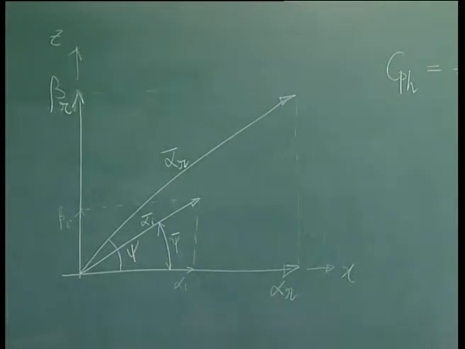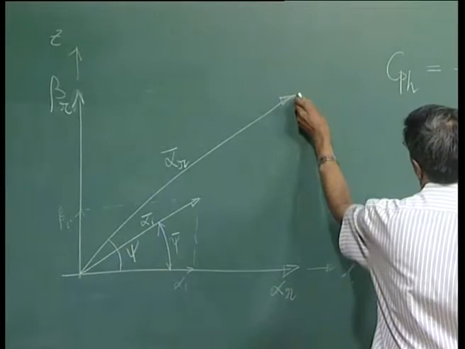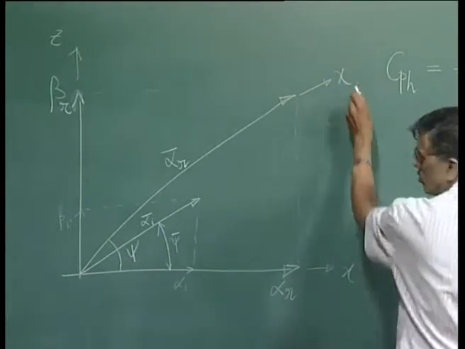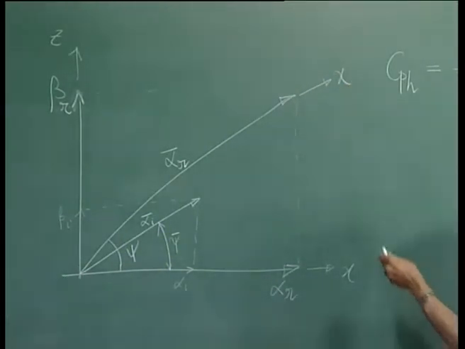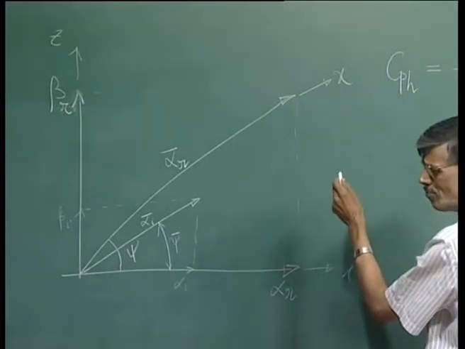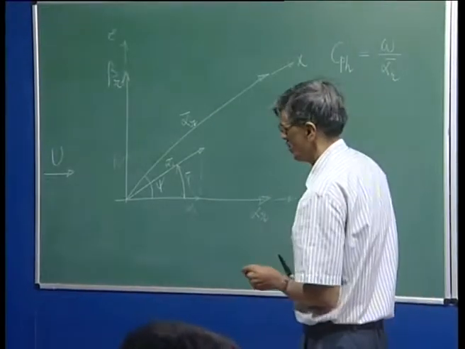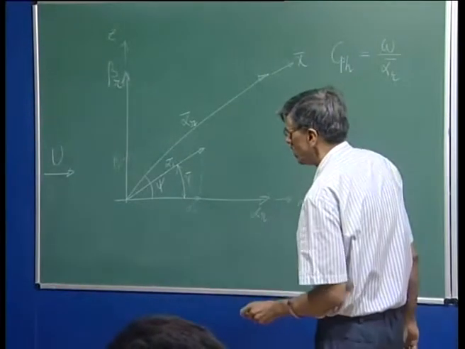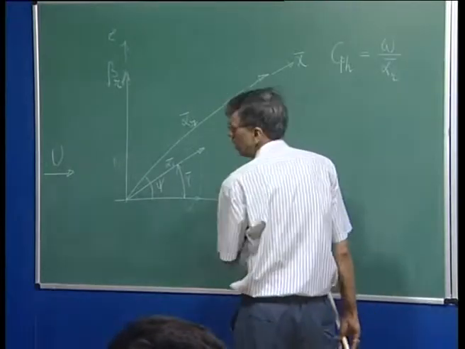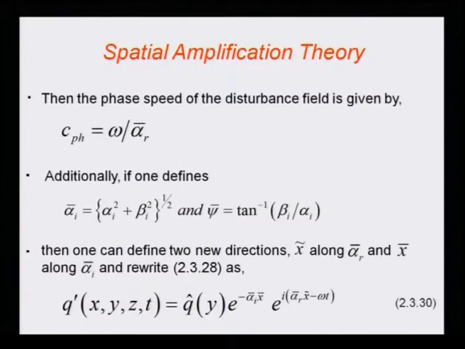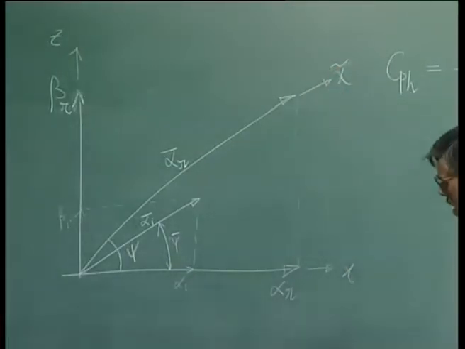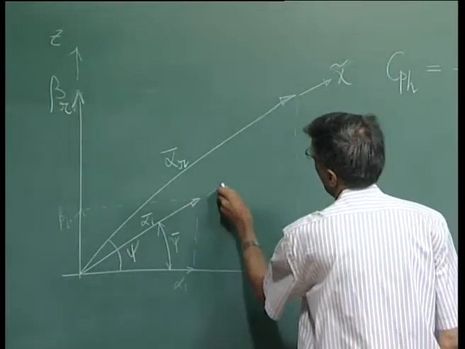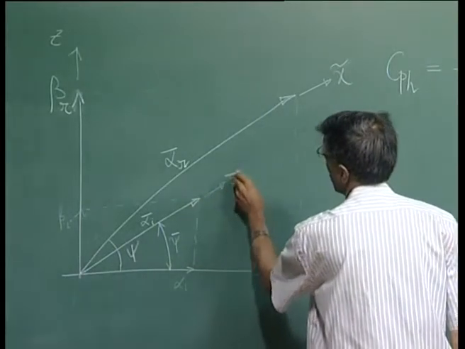So, what we could do is define an axis system. This I will call x bar, and this I will call, well, I think here I have used this notation, x tilde, and along this I will talk about, let us say, x bar.